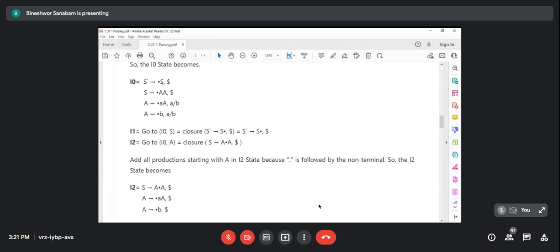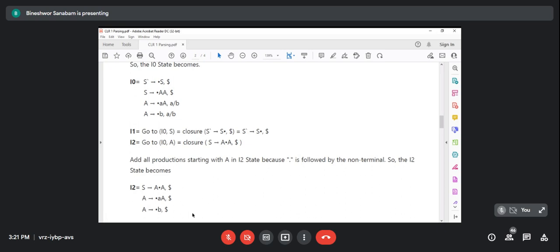What I was telling is, whenever we are talking about transition, your look ahead is not going to change. So the first line is from closure, and the remaining are from transition, which means the production that comes after the first line should have the same look ahead as the first production.